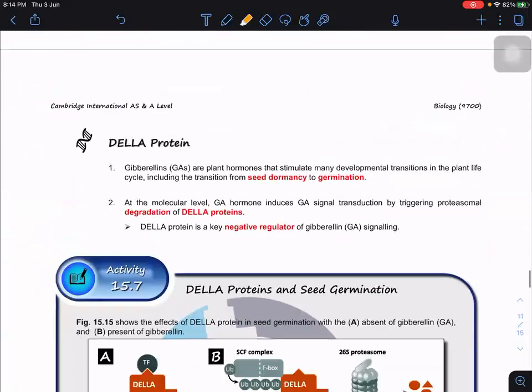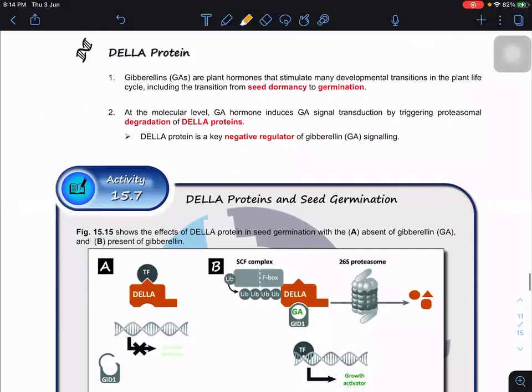Now we're going to look at one example. This DELLA protein is a repressor protein. It is a transcription factor, but it is a repressor. When I say repressor, it basically means that they block transcription.